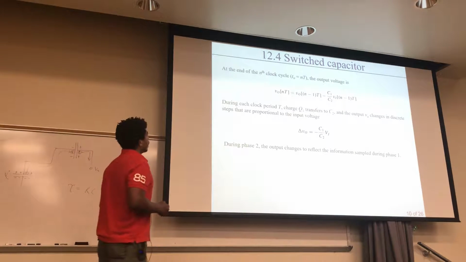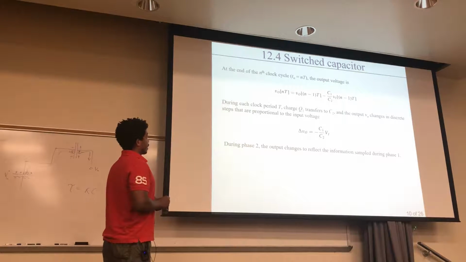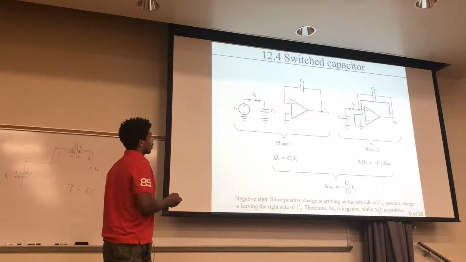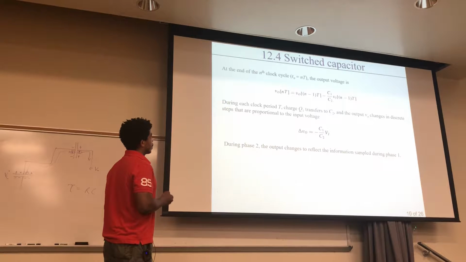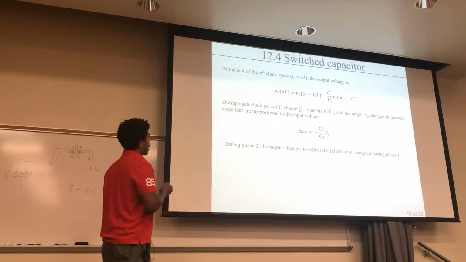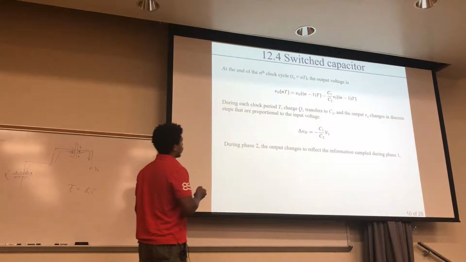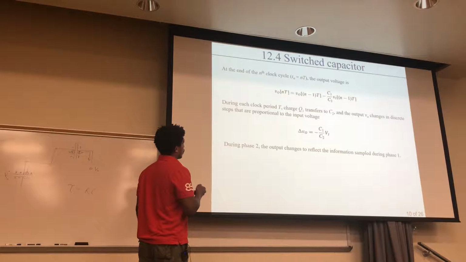So what happens at every clock cycle is this. So here's continuous time or discrete time. And so that nth time is n times your period, right? So your voltage at your output right here is what happens at that particular time, some n periods later. It's the voltage that it used to be right here at nT.